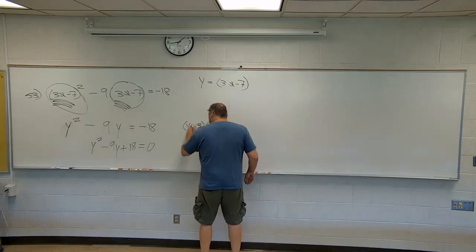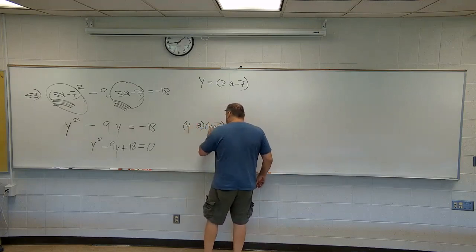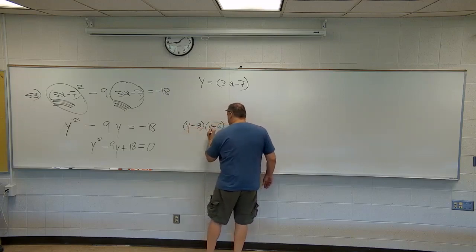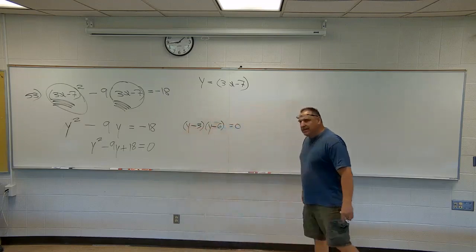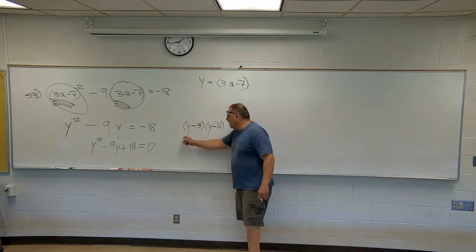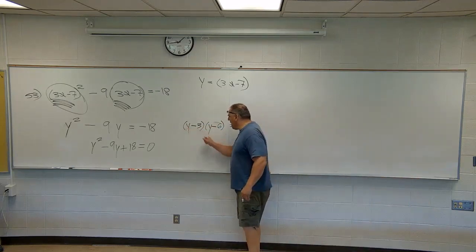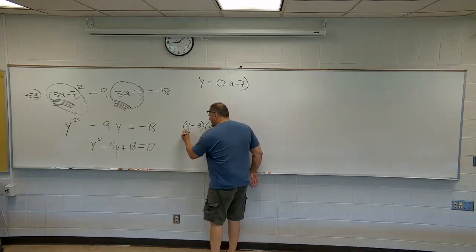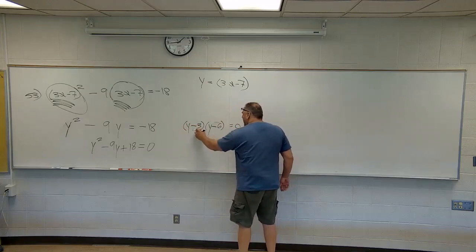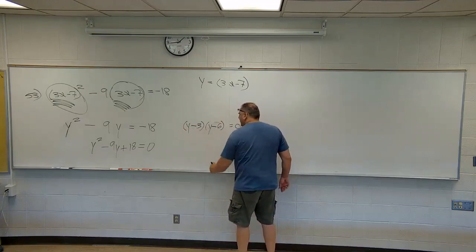Yeah, close. You all make mistakes, right? Let's catch it. Think that'll work. y times y is y squared. Negative 3 times negative 6 is positive 18.